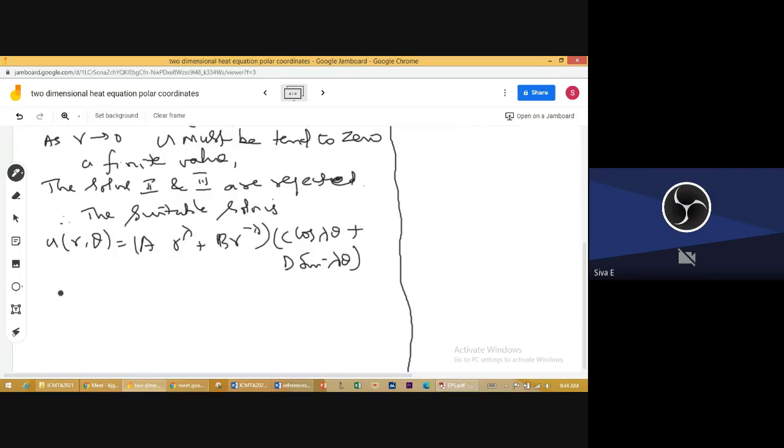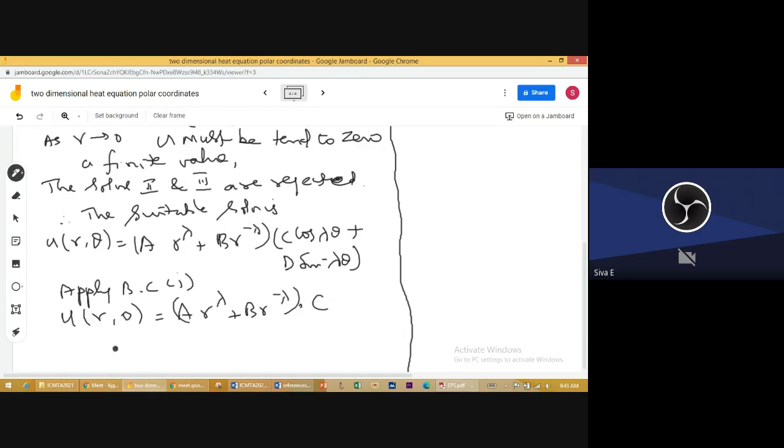So apply the boundary conditions. What is boundary condition 1? u of r comma 0. First you have to substitute theta equal to 0. We get A r power lambda plus B r power minus lambda, into C, equal to 0.